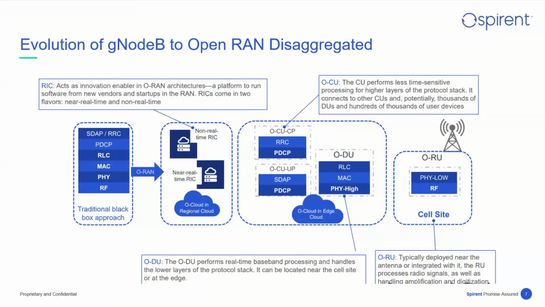So if you see from our left hand side, there is a traditional black box approach, which was the protocol stack for G node B, providing services from RF to SDAP applications.